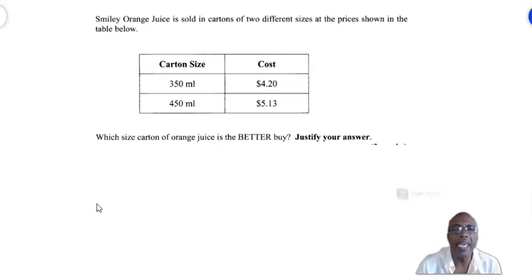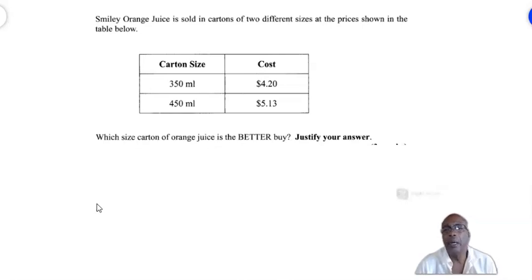So this example here, let's read it. Smiley orange juice is sold in cartons of two different sizes at the prices shown in the table below. The smaller one, 350 mils, and the larger one, 450 mils.